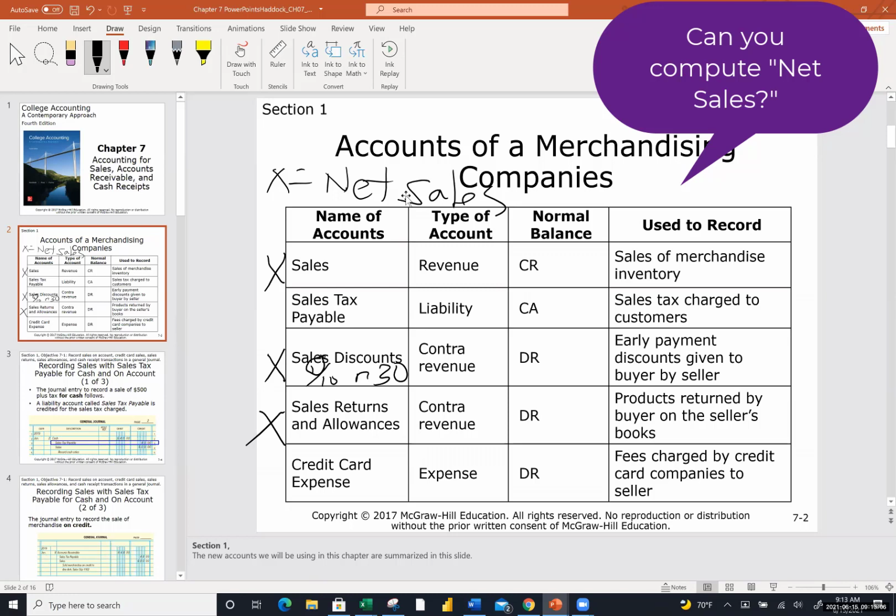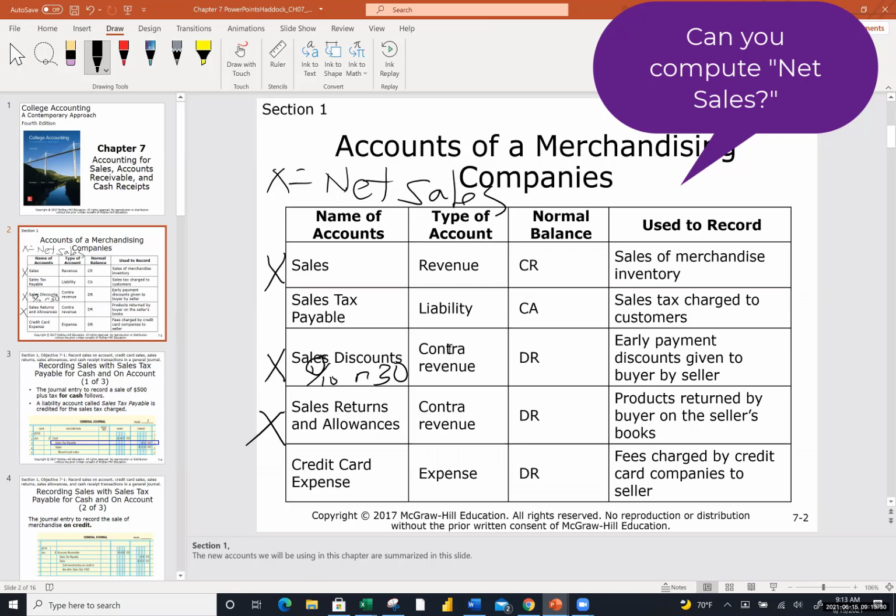Well, merchandisers have much more sophisticated transactions. You'll notice that just by looking at 5 new accounts, several of them are contra accounts. And so the first big chunk of what we call a multi-step income statement, multi means many, so a many-step income statement, is going to be your ability to calculate this amount called net sales.